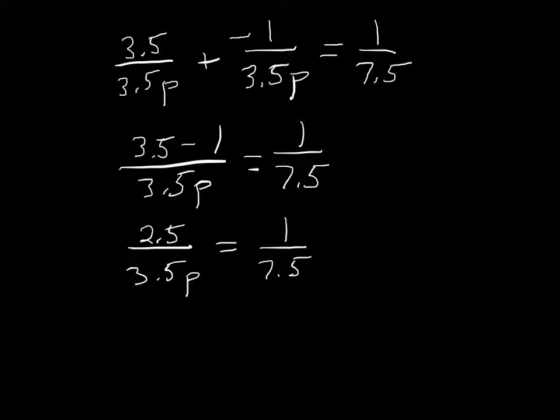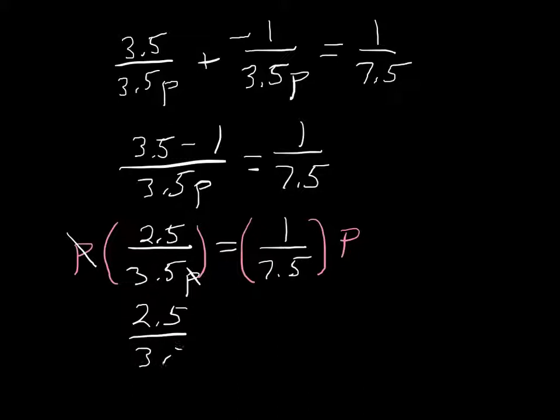Now I have to get my p by itself. To do that, I first multiply both sides by p. So let's multiply both sides by p. And when I do that, my p's here cancel, and I end up with 2.5 over 3.5 is equal to p divided by 7.5. And now if I want to get p by itself, I have to multiply both of these sides by 7.5.